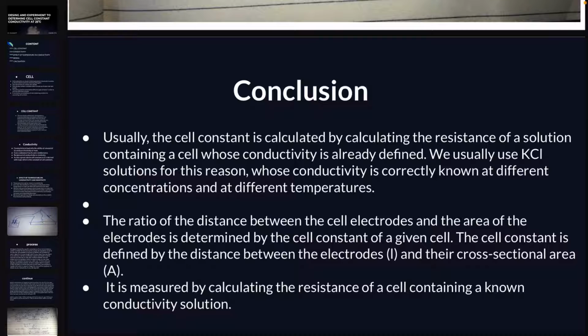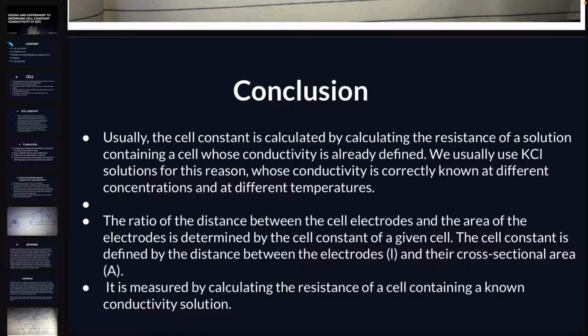Usually the cell constant is calculated by measuring the resistance of a solution whose conductivity is already defined. We will use KCl solution for this reason, whose conductivity and resistivity are accurately known at different concentrations and different temperatures.